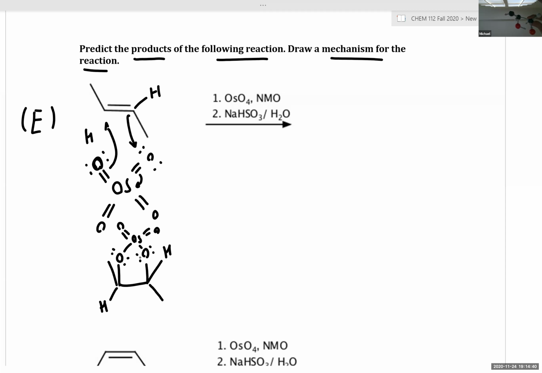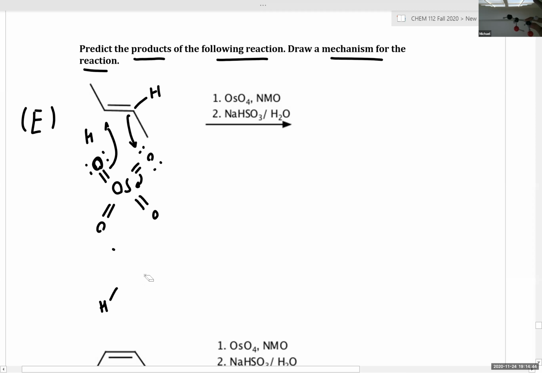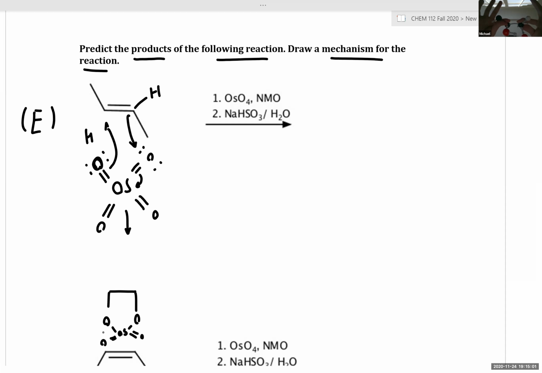Let's redraw this to match what we're doing with our model kit, just so that everything is consistent. Okay, so we have both of our alcohols on the bottom face. Now, let's look at what groups are in the front and in the back.